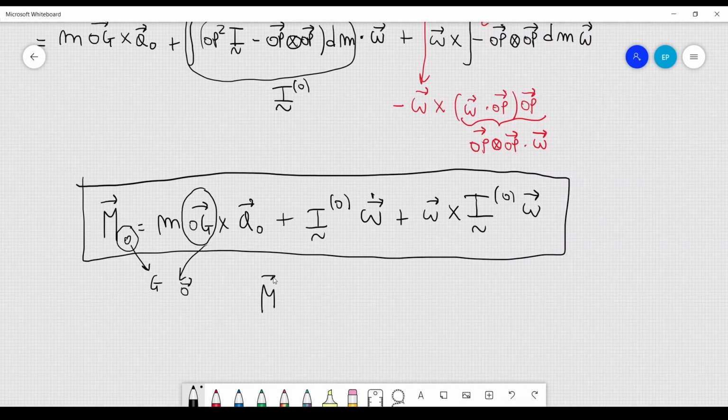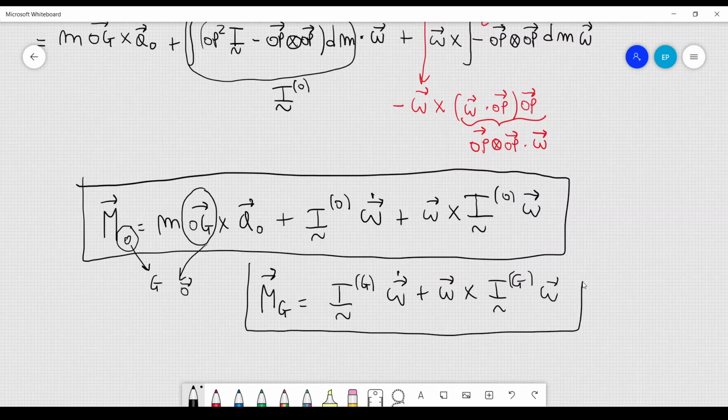And the formula will simplify to this: MG equal to IG omega dot plus omega cross product I, so it's the inertia matrix evaluated with respect to G, times omega. So this is a very general formula. It's a very important formula in dynamics of rigid bodies, which generalizes some formulae that you might have encountered in simpler classical physics problems.